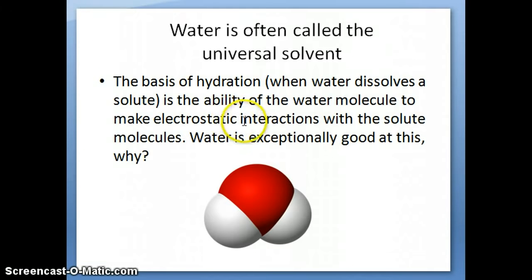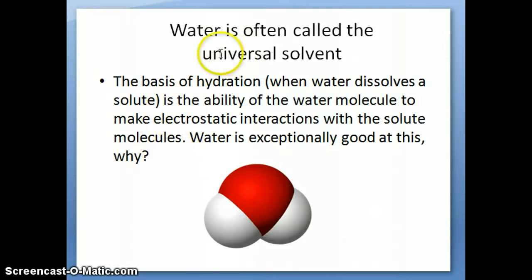So the positive part would interact with the negative part, and the negative part would interact with the positive part. That's what we refer to as electrostatic interactions. We talked about this in chapter 2 when we talked about the discoveries of the fundamental particles. Now, what water does is that it makes electrostatic interactions with a large number of solute molecules.